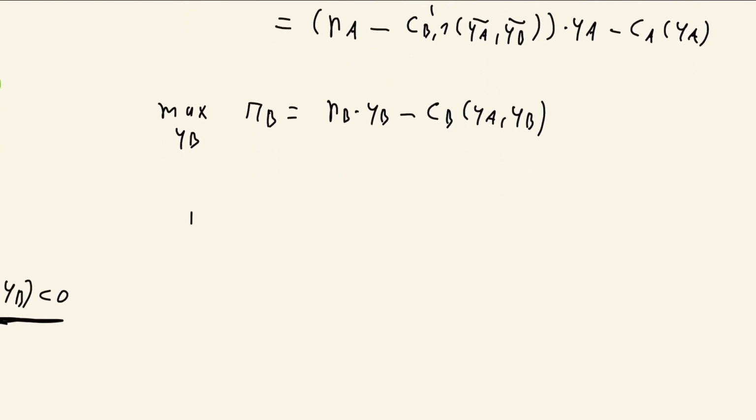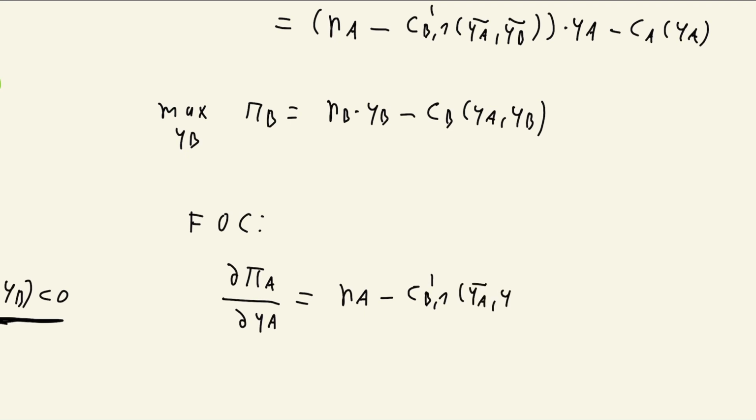Now, if we consider the first order conditions, what you will immediately see is that the derivative of the profit of firm A, the profit which considers the pollution tax, gives the following first order condition. PA minus CB1 prime of YA tilde, YB tilde, minus CA prime of YA should be equal to 0.